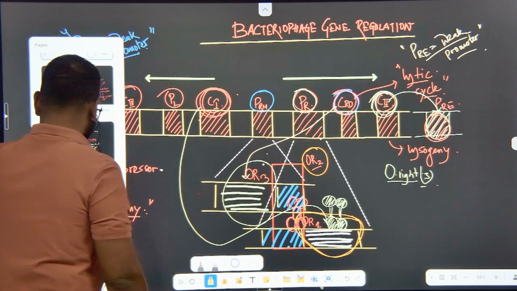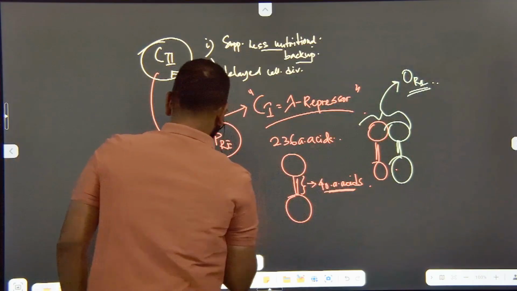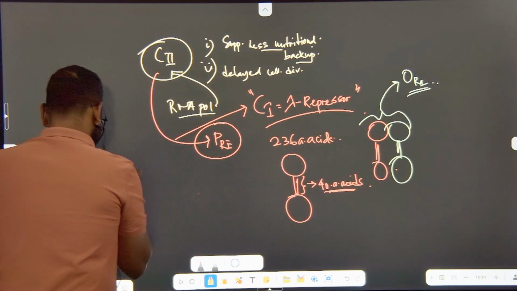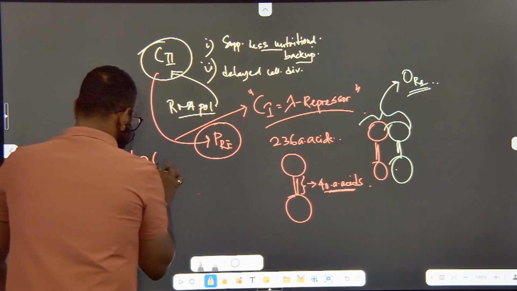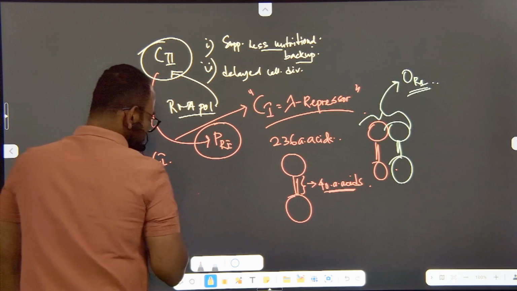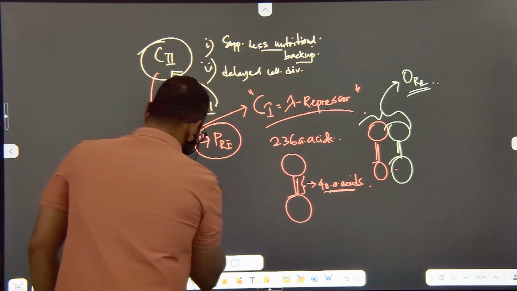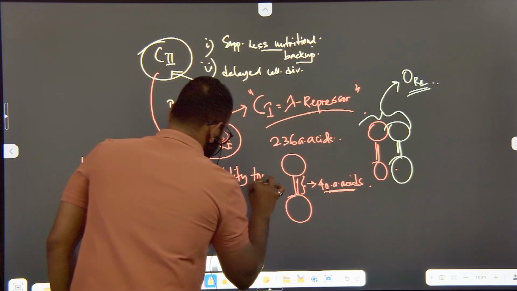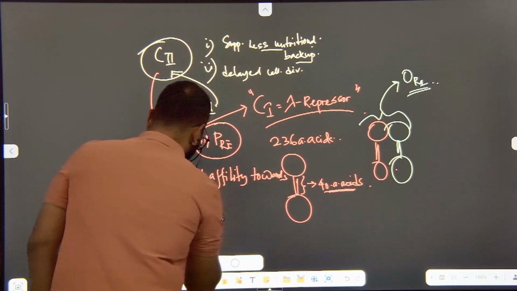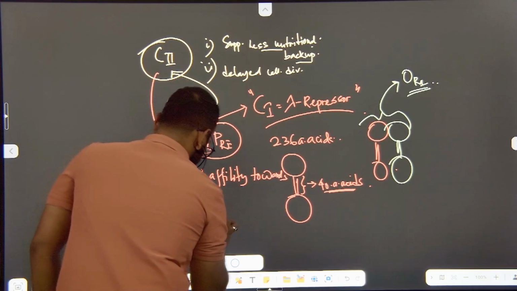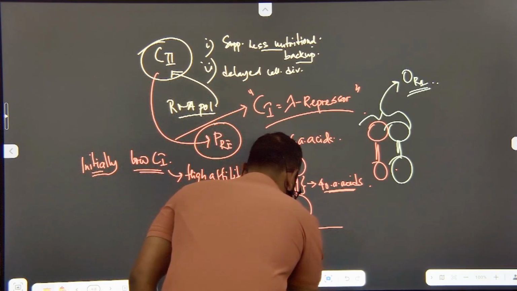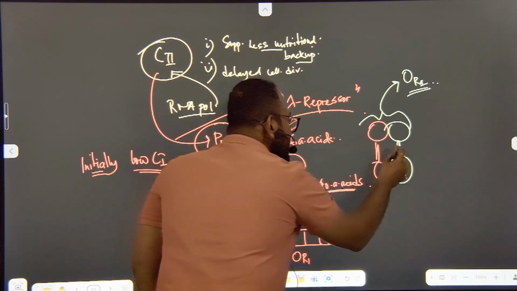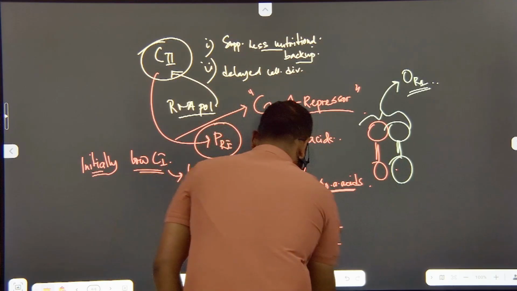Suppose in the beginning there is a low C1 concentration, with high affinity towards operator region 1. If this is operator region 1, then in the form of dimers they bind with it.